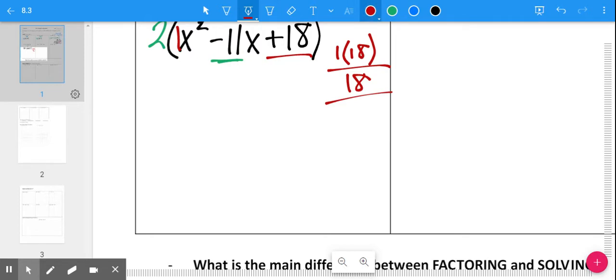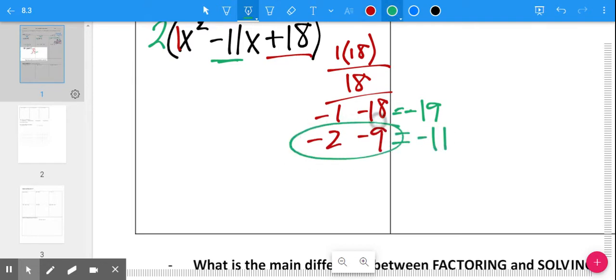So we've got, it's a positive 18, so that adds up to a negative. So both factors have to be negative. Negative 1, negative 18. That adds up to negative 19. Negative 2 times negative 9 is positive 18, and it adds up to negative 11. So there's our factors.